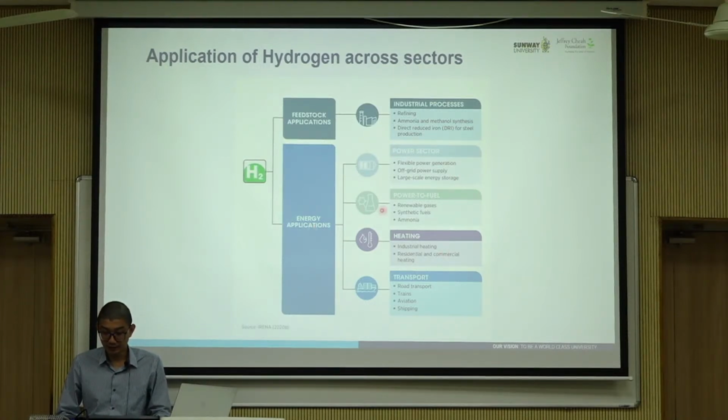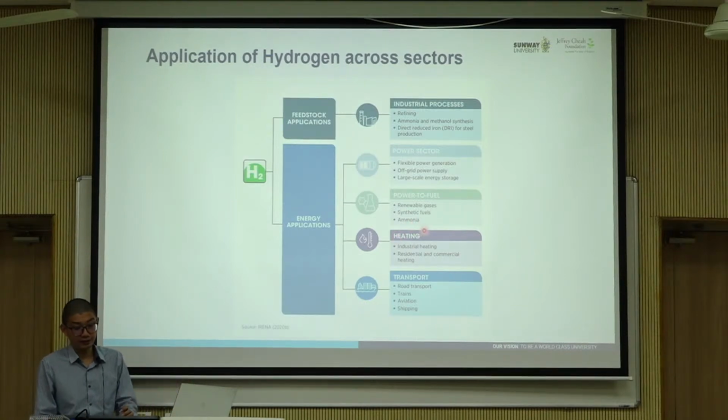Then secondly is power to fuel. Hydrogen energy is one sort of renewable gas. Then it can be converted into synthetic fuel and ammonia fuel. From hydrogen energy, it can be converted into other fuel types.